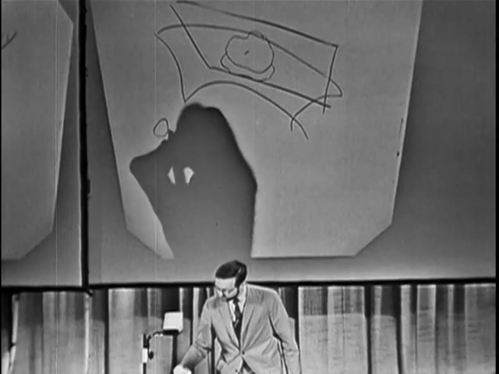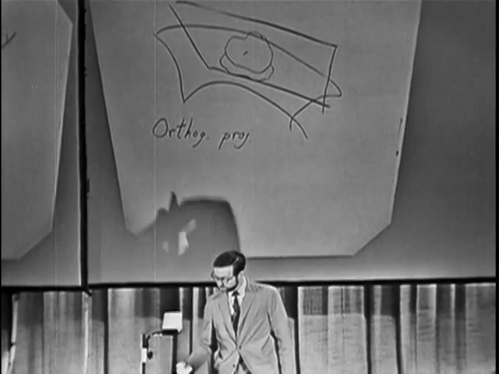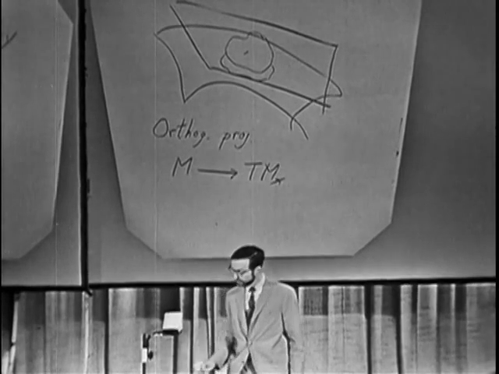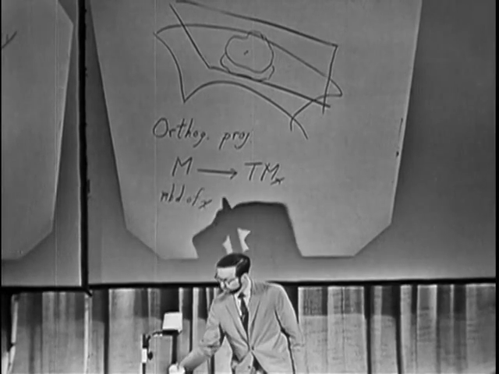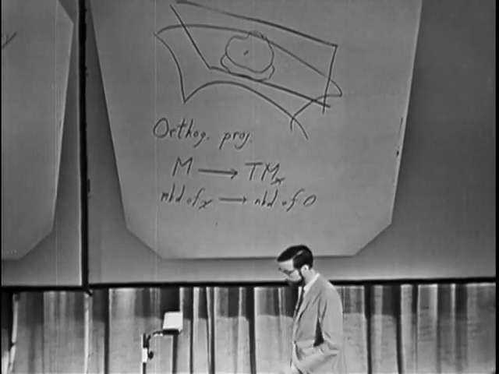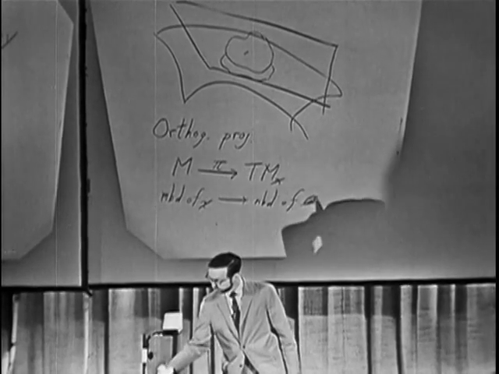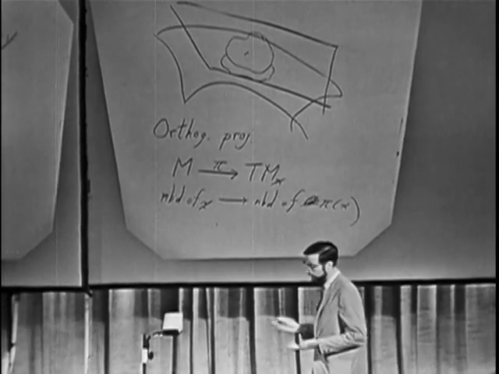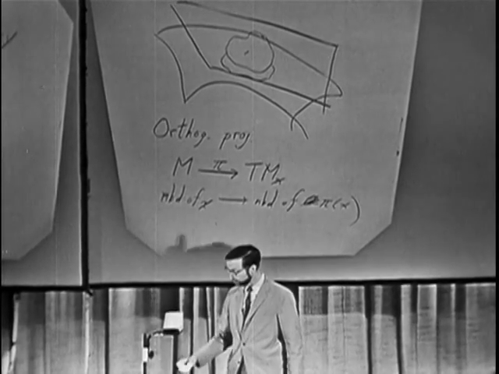We can take the orthogonal projection from M to the tangent plane of M at x, call this projection pi, and some neighborhood of x will then go to a neighborhood of pi of x. And this mapping will be a diffeomorphism.